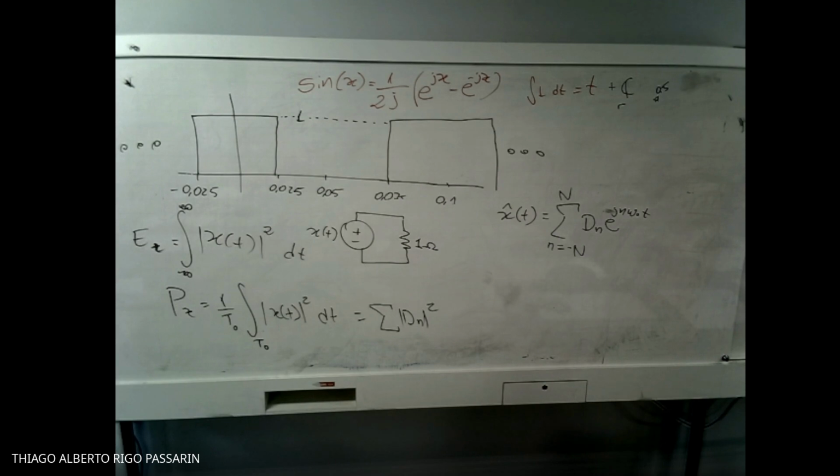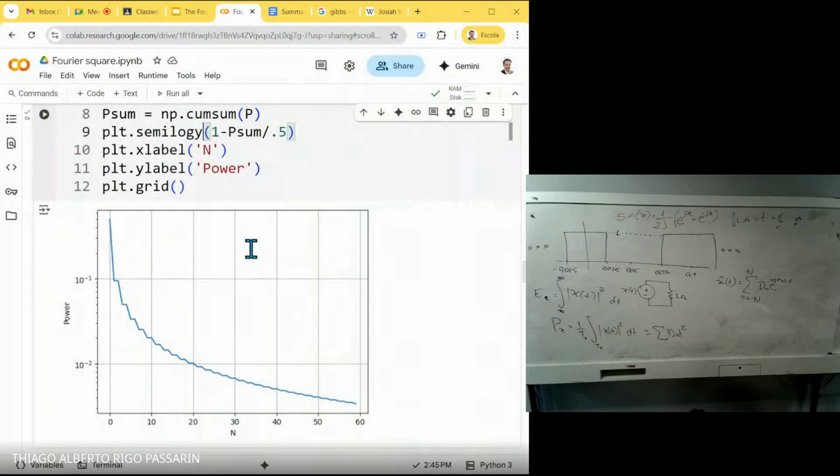And so on. So I created this plot just to show you more or less how things evolve. Seems like no one's watching it because I was not displaying the screen and no one complained.